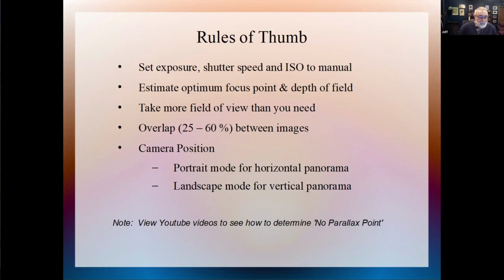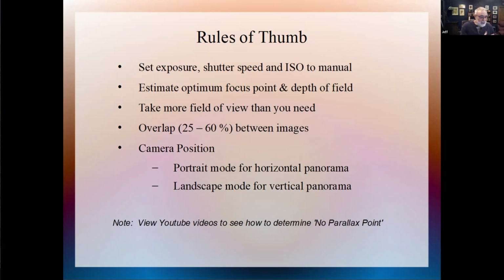If you have, for example, your circular polarizer on, you could end up literally with bands in your final image at different exposures where the different images were. And so in order to help the program with blending tonally the images together, you want to make sure your exposure is not changing. The other thing is you want to pick a focus point and depth of field.